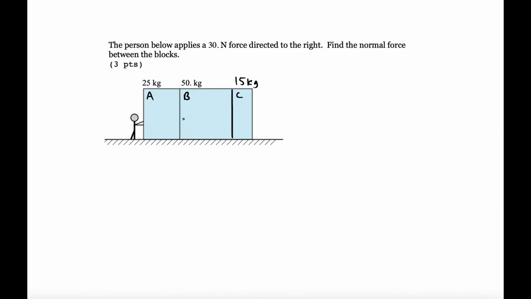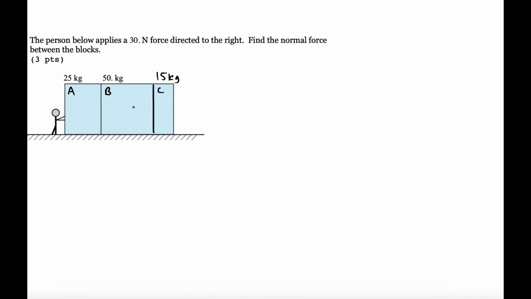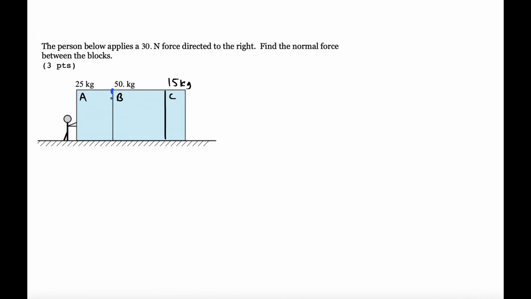So in order to determine the force between these blocks, I would make a new designation of system. A is responsible for pushing both B and C. It's the only thing really in contact with them except for the ground. So we would treat this now as a system. And what I'll do is pretend like the cut isn't there and make a free body diagram for the combination of B and C, which A is pushing.